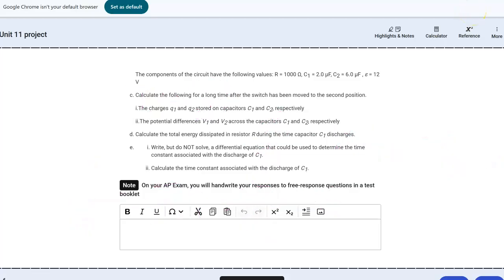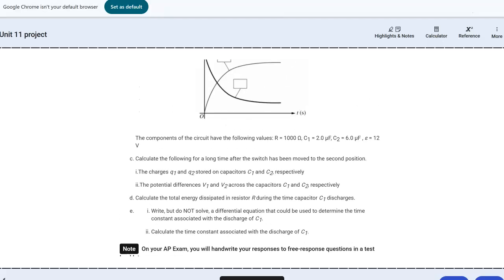And then calculate the time constant associated with the charge. Well, for that, we'd have to calculate the equivalent capacitance.